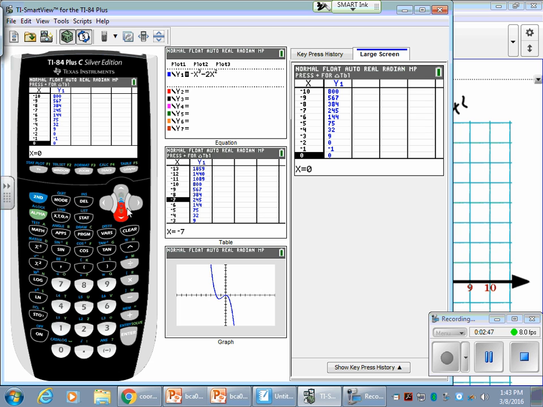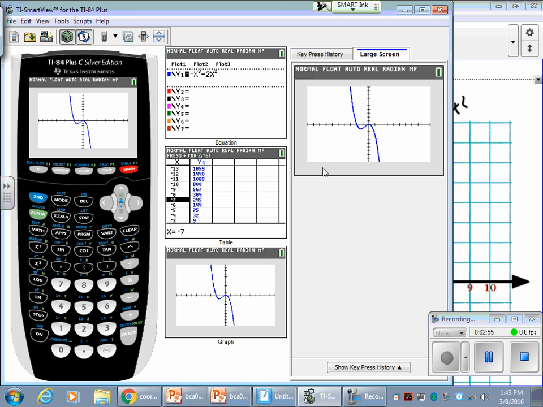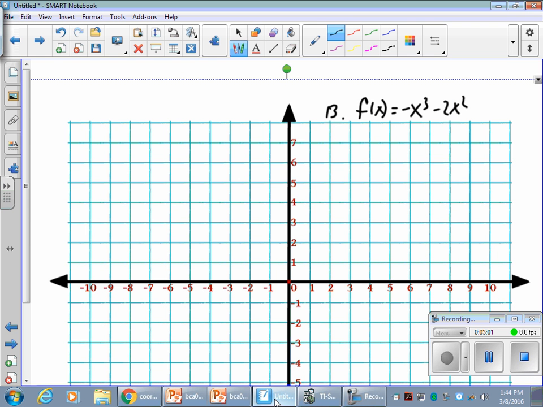So those are my only 2 zeros because of the way that it's drawn, because I know it can't have any more than 2 turns, and what I'm looking at right now already has 2 turns, so those are my only zeros, negative 2 and 0.